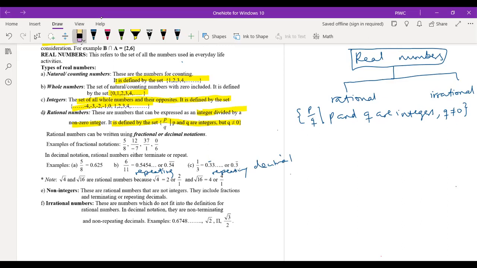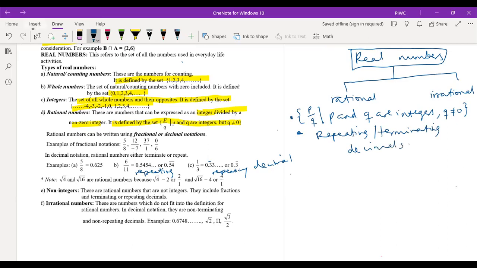So there are 2 ways in which you can look at rational numbers: either repeating or terminating decimal. Okay, rational numbers.